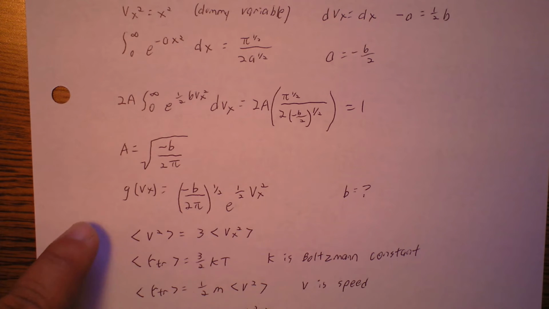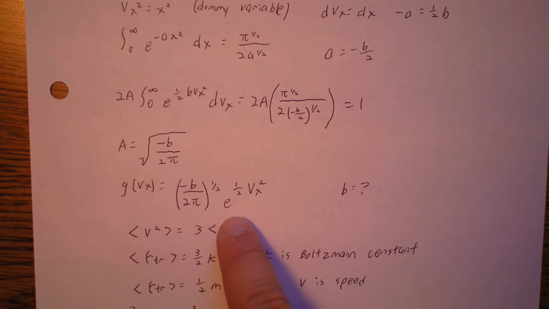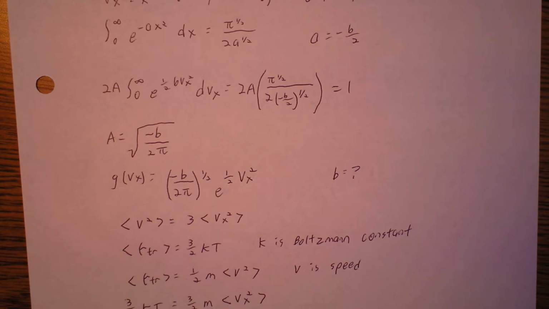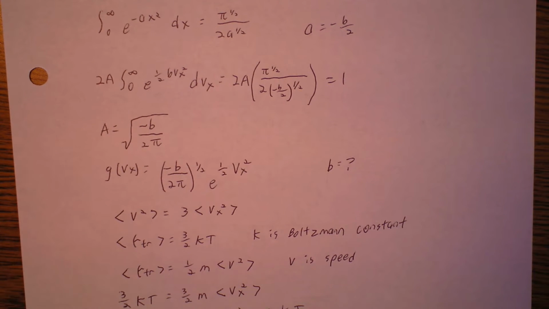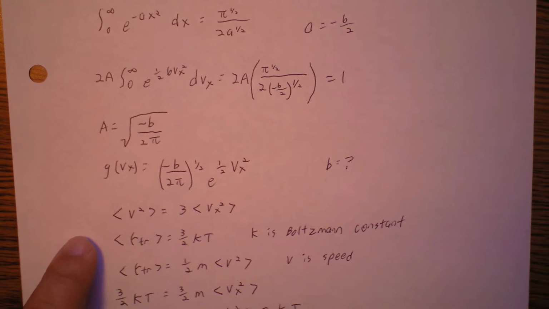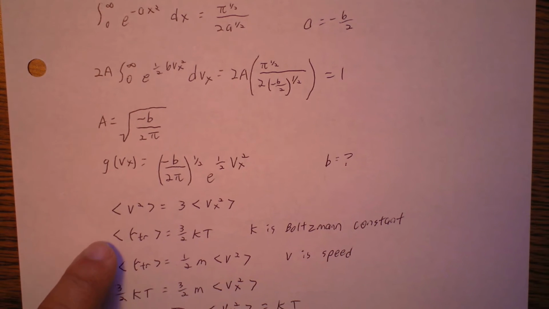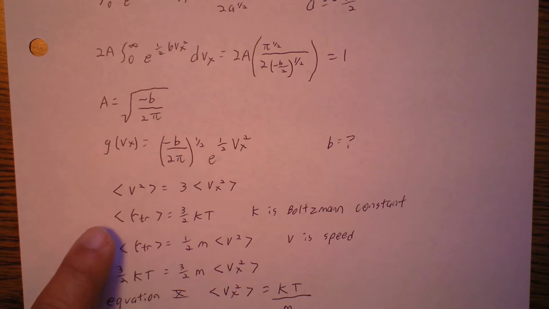Now, g of vx is equal to minus b over 2 pi to the 1/2 power times e to the 1/2 b vx squared. So we got rid of one variable, capital A, but the question is, what is this lowercase b? Now we know that the average speed squared is equal to 3 times the average x component of the velocity squared.